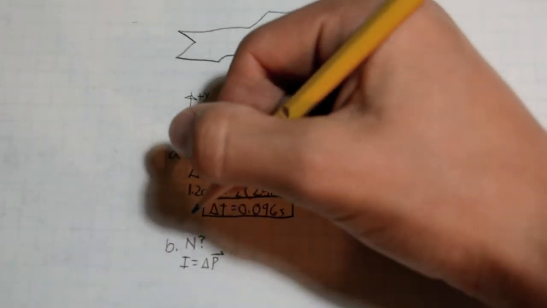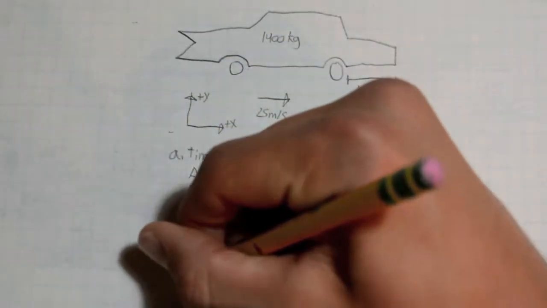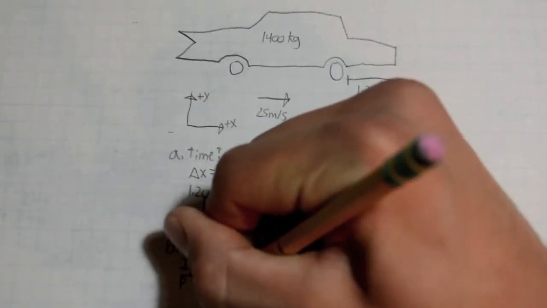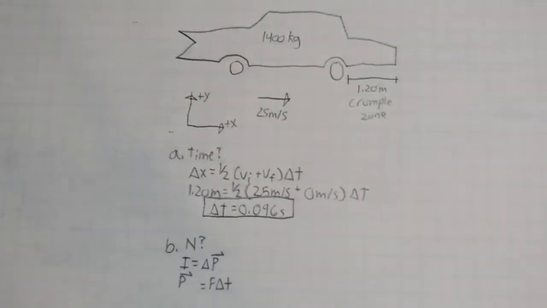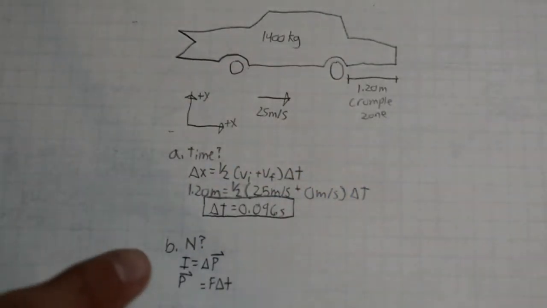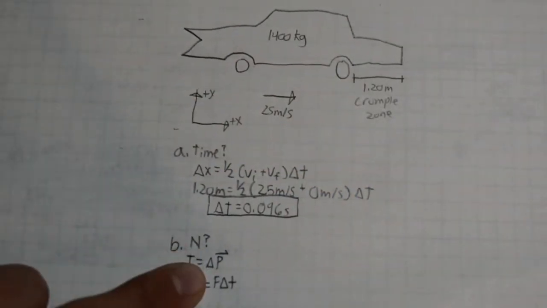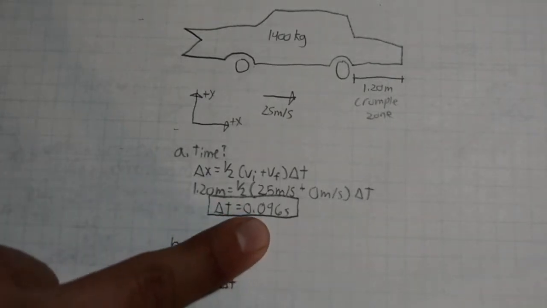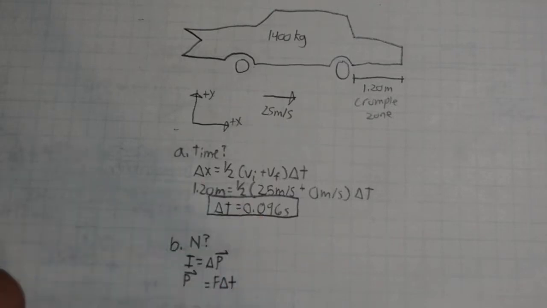And then we're also going to need the equation impulse equals force times delta t. How we're going to use these is we're going to solve for the delta momentum, and then that is going to equal our force times delta t. We found our delta t, and then from there we can get our force.